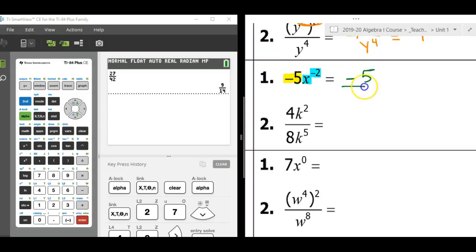Therefore, x to the 2 power belongs in the denominator of the fraction. Placing it in the denominator corrects the power of the exponent. So it becomes positive once it's placed in the correct position.